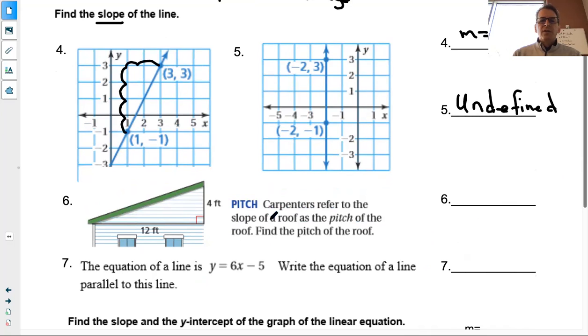Okay, so the slope in this case will be the rise of the roof, which is 4 feet, over the run of the roof, which is 12, which is equal to 1/3. Now in construction, they refer to that as a 4/12 pitch. They don't refer to it as a 1/3. But today, if you're simplifying, you'd want to simplify it down to 1/3.